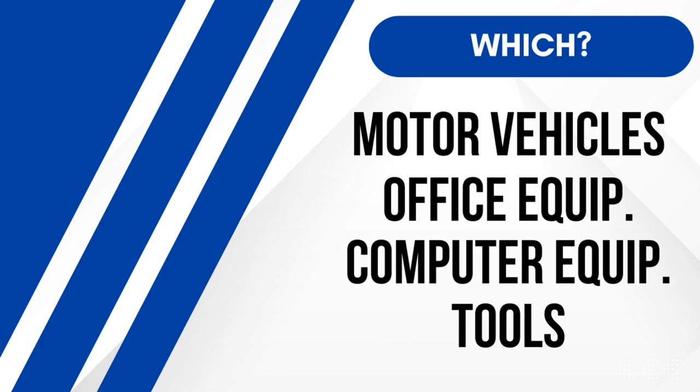Things like motor vehicles, office equipment, computer equipment, tools. We could add machinery to this list. Which assets aren't depreciated? Assets like cash, stock, property. Property usually actually appreciates in value over time. The value goes up, not down. But that's for another course.